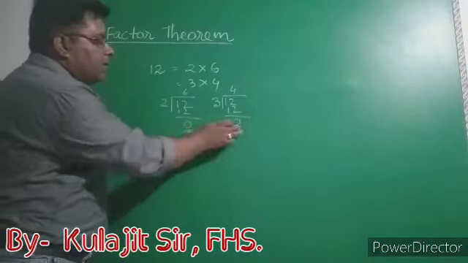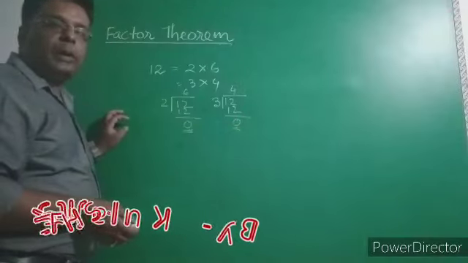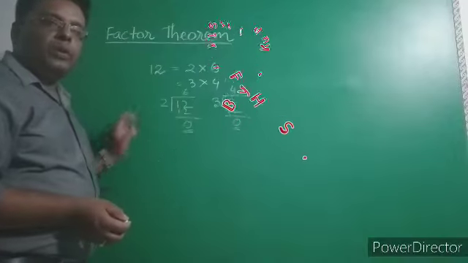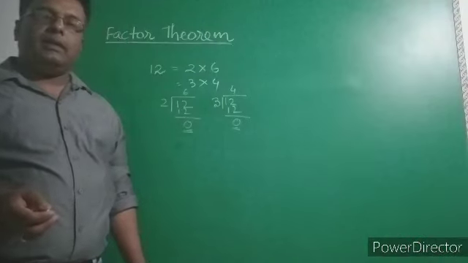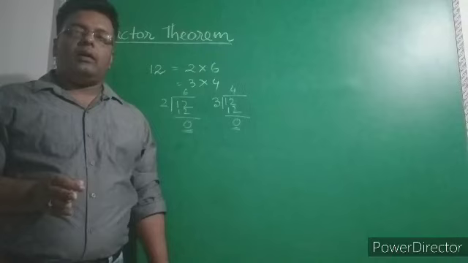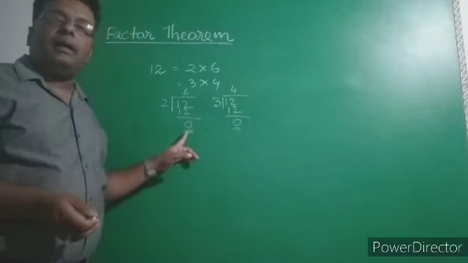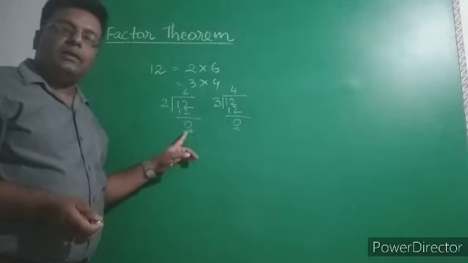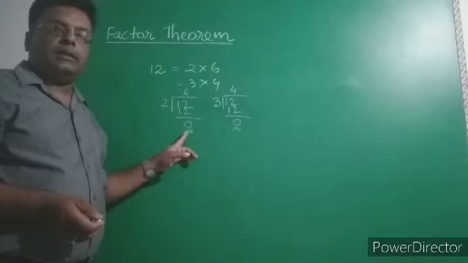Where the remainder is 0, there we get the factor of this number. Similarly, in the case of polynomials, when a polynomial is divided by another polynomial and we get the remainder 0, then the divisor is called a factor of the dividend.